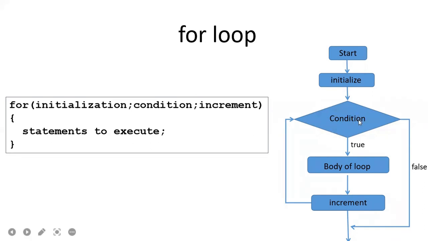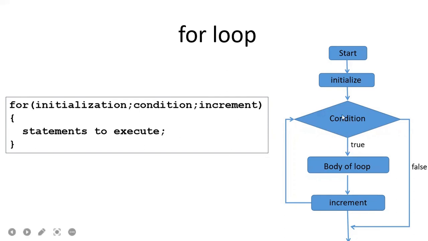If that condition is true, before it does this increment part, it will check the condition and then straight away go inside of this loop and execute whatever the statements inside that loop, the body of the loop, and then it will increment this part. After the increment, it will check the condition again.